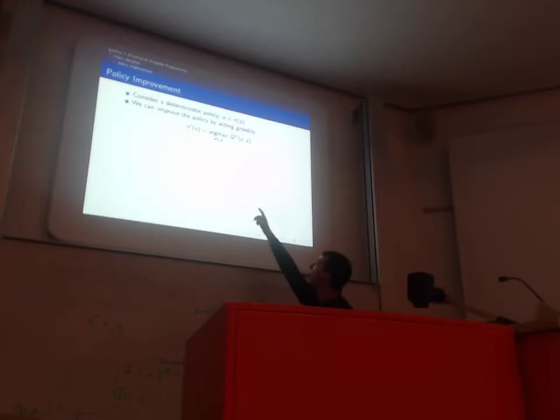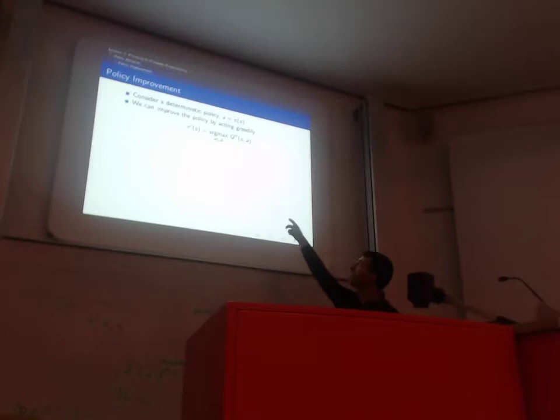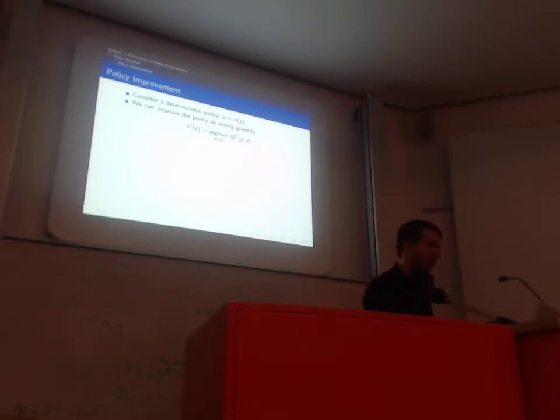So in other words, this pi prime from S, if we just maximize, so if we know the action value function, so Q, remember, is the value function which tells us if we were to start in state S and then take action A, how good would it be, how much reward would we get? So to improve the policy basically means maximizing over these Qs. We pick the action that's going to give us the most reward from state S under our old policy pi. And now we're going to use that to generate a new policy, pi prime. That's the idea. We'll do a step of policy improvement.